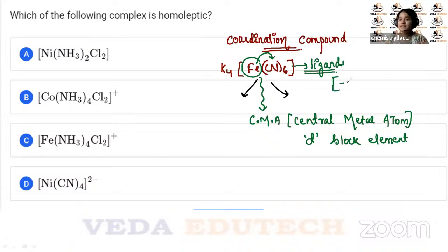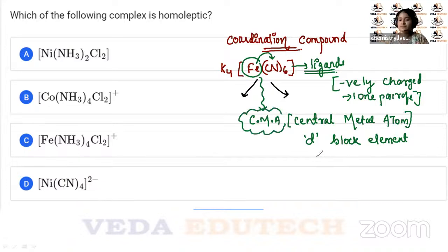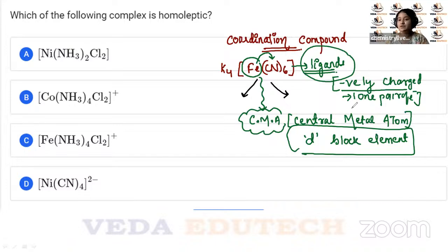These ligands may either be negatively charged or they have lone pair of electrons. So we have the central metal atom, bonded to ligands, negatively charged or having lone pairs, right? Now, this is your coordination sphere.